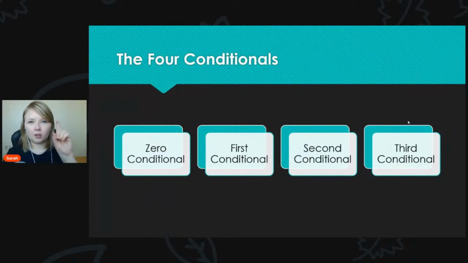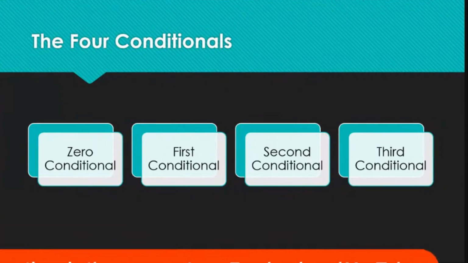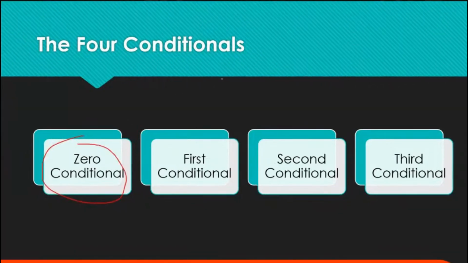So we have a 0, 1, 2, 3 conditional. There's also something called mixed conditionals, but we're going to keep it as simple as we can today for this challenging topic. All right, so let's get started. We're going to go through one by one. So let's start with our zero conditional.